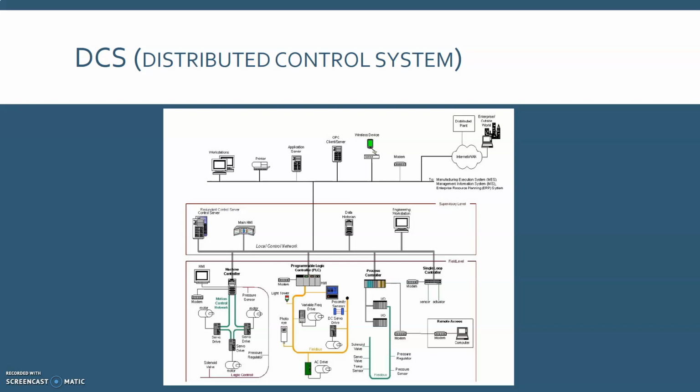The single loop controller interfaces sensors and actuators using point to point wiring, while the other three field devices incorporate a field bus network to interface with process sensors and actuators. Field bus networks eliminate the need for point-to-point wiring between a controller and an individual field sensor and actuator.